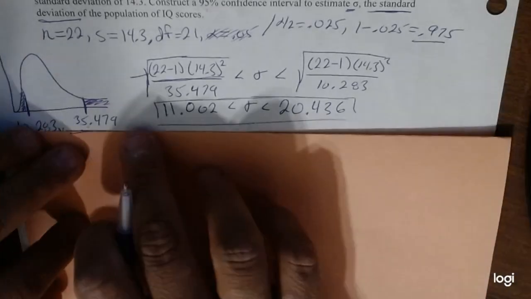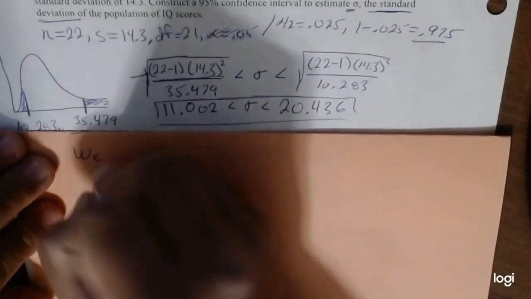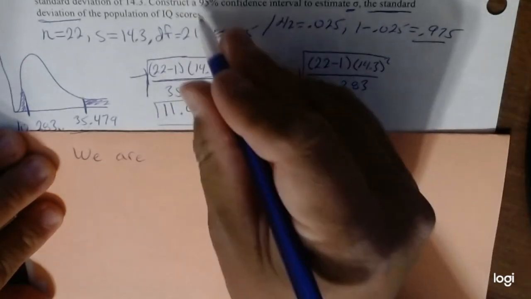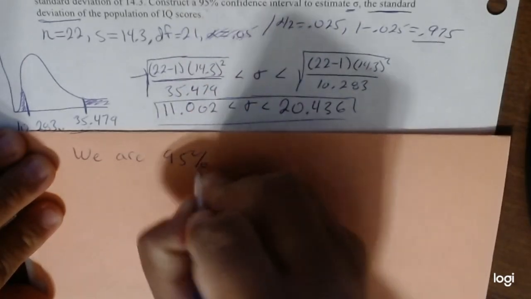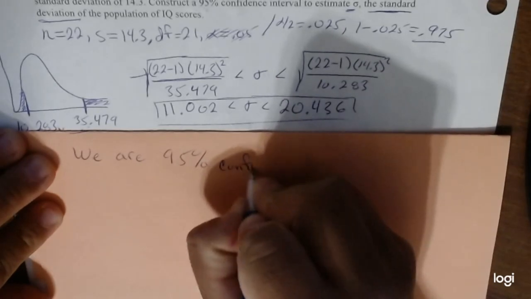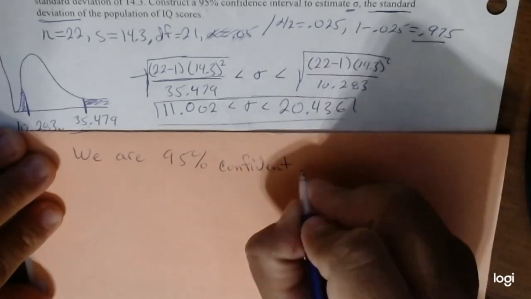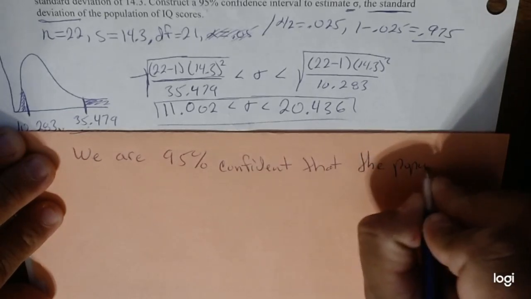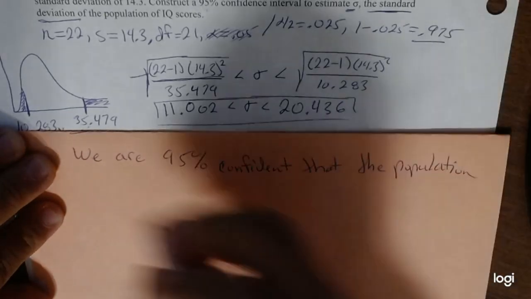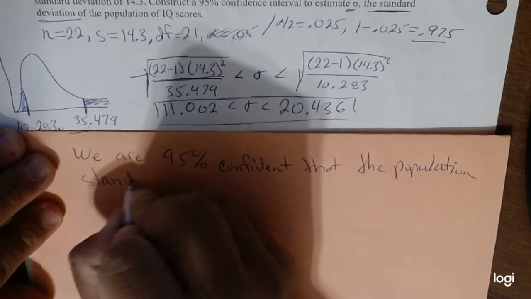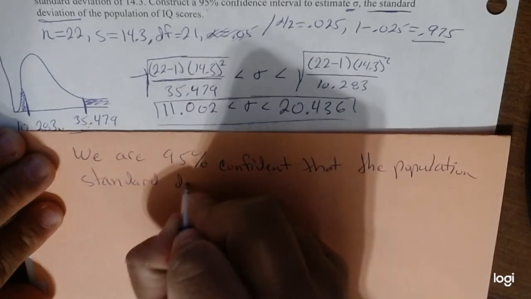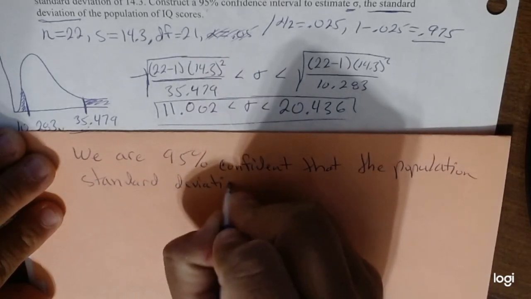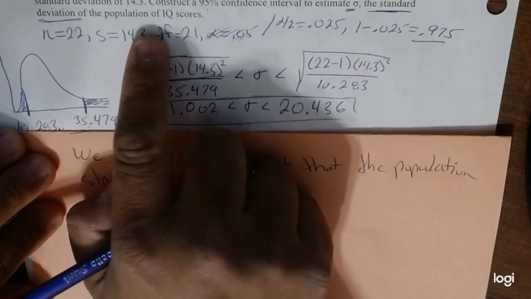So how to interpret this question is, if you guys remember, we are, in this case, 95% confident that the population standard deviation of, now we would interpret back to the question, right?